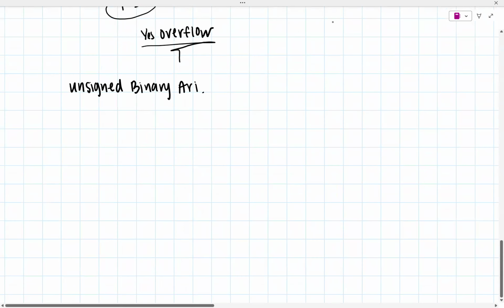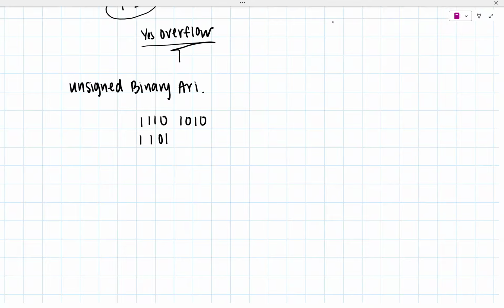Okay, so let's do this example. The way this works is, remember, we only have two digits, so we can only have ones and zeros, right?